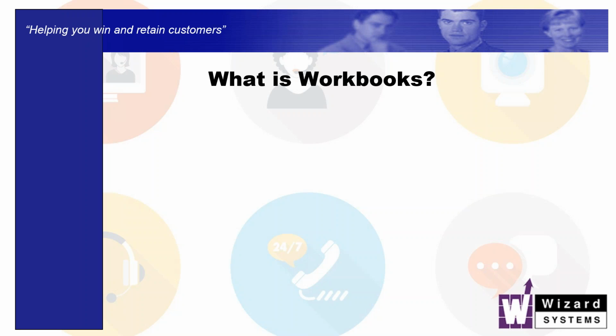So in a slide, what is Workbooks? Well, it's an easy to use, cloud-based central system to help you manage information about all of your business contacts, people, companies, leads. It's all very customizable as well. Shortly, when I show you the system, you can change those screens, no programming required.